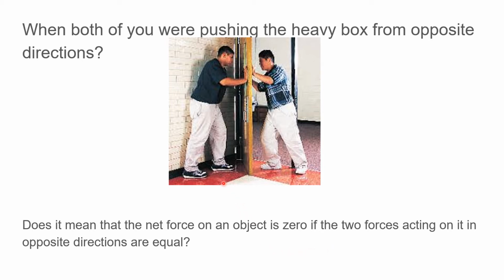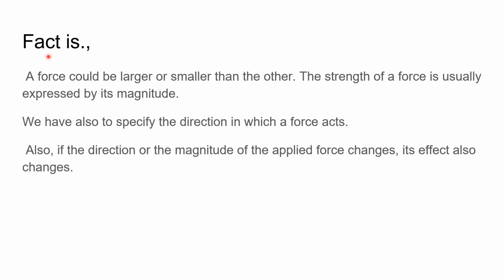Hence, when equal amount of force is applied on an object in opposite direction, the net force will always be 0. So fact is, a force could be larger or smaller than the other. The strength of force is usually expressed in magnitude, and we also have to specify the direction in which force acts.